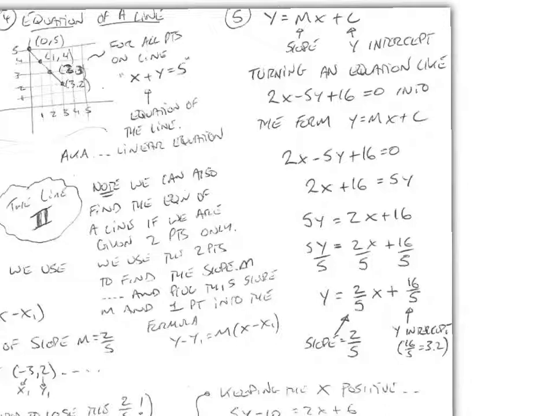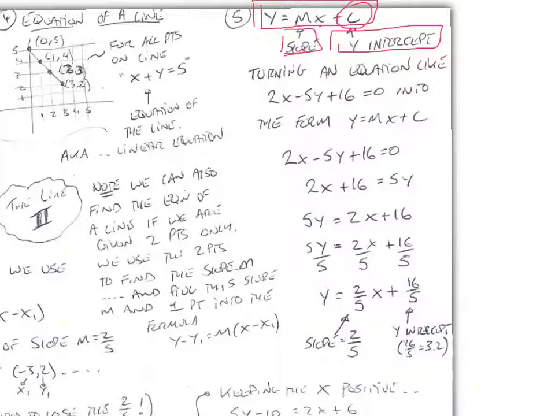Another way to express a linear equation is in the form y equals mx plus c: y is equal to the slope times x plus this constant c. The constant is where the line cuts the y-axis, and the m is the slope.